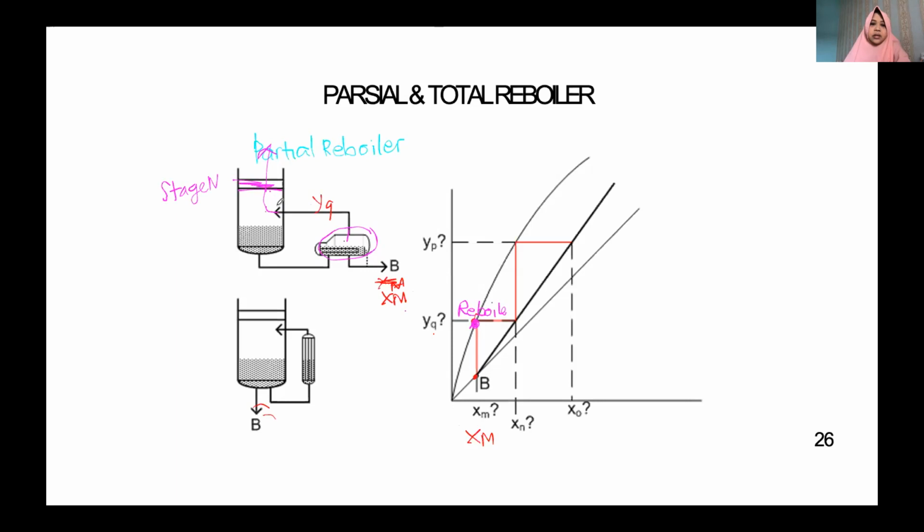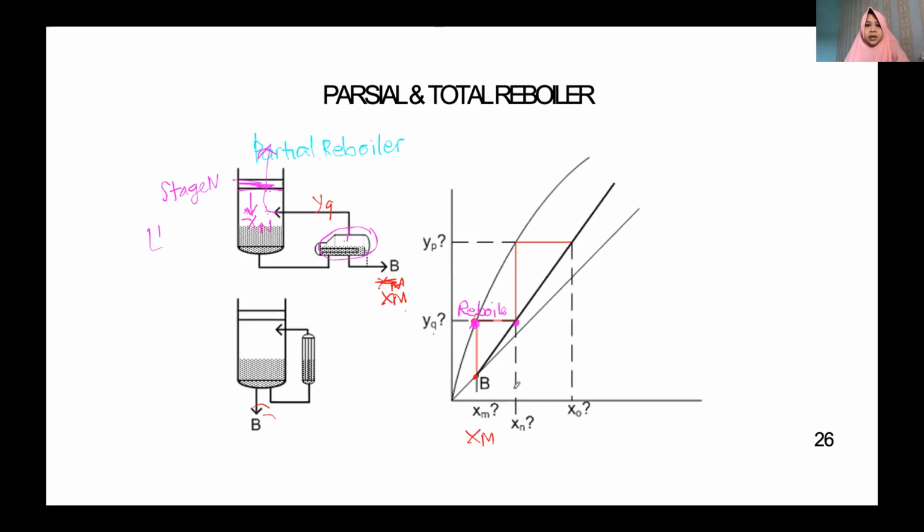You have to know the liquid L dash and its composition. How do you get the composition? The X comes from the stripping operating line. So this one is going to be your XN.